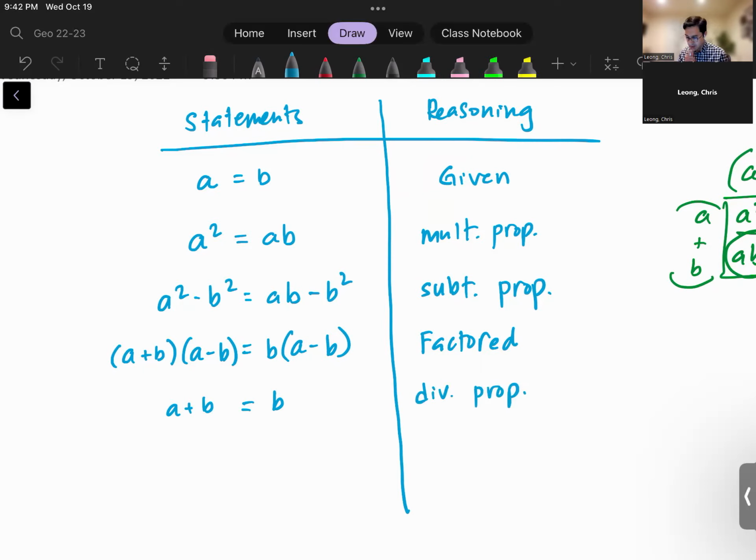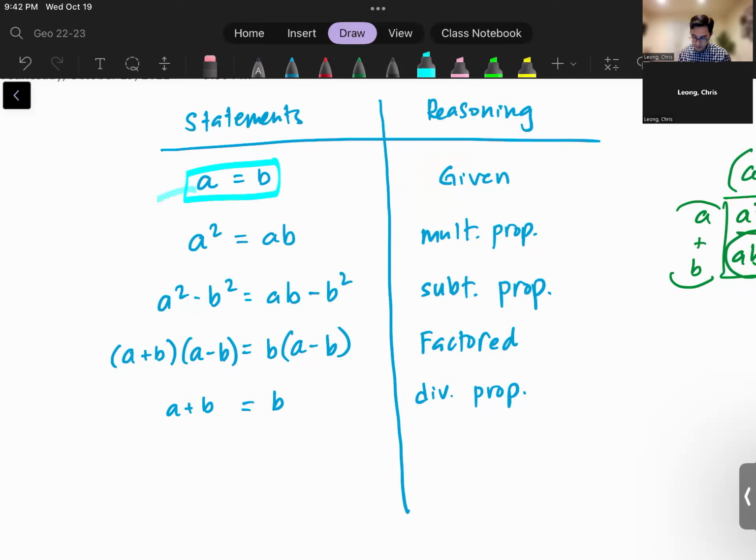All right, so now what I want to do is use one of my previous statements. At the very beginning, we said that a is equal to b, right? So these two variables are equivalent to each other, so I can replace one for the other anytime I want.